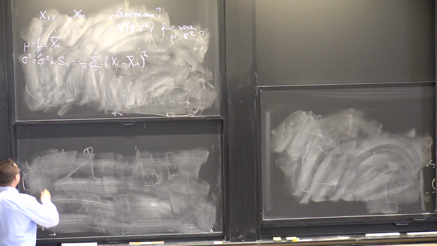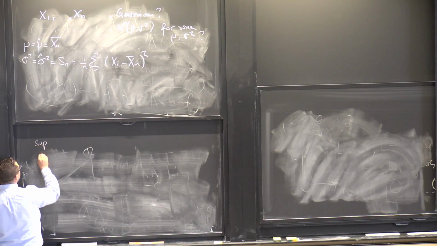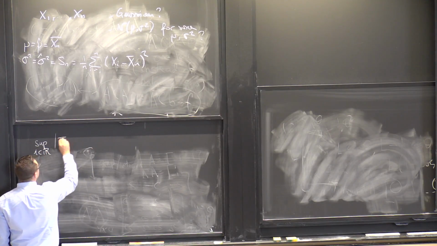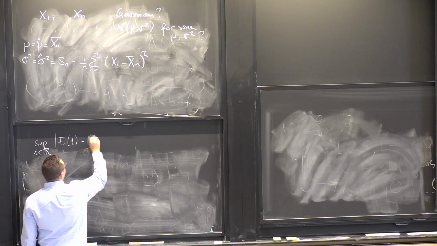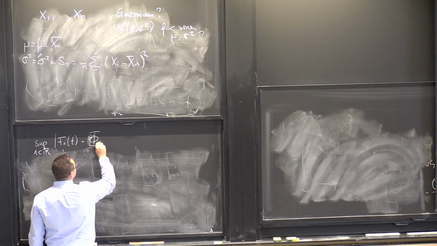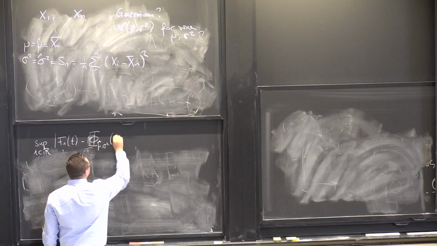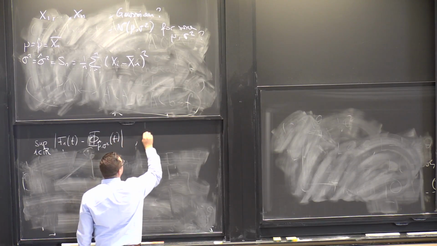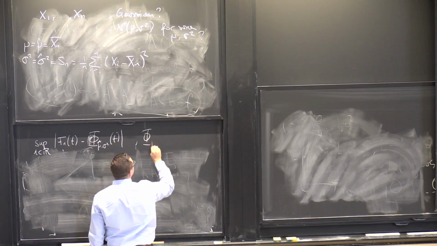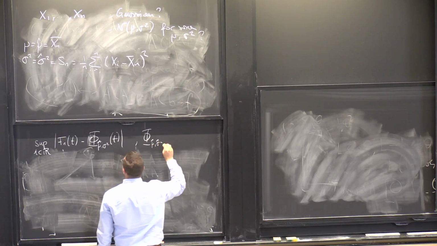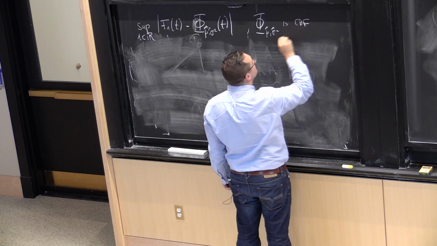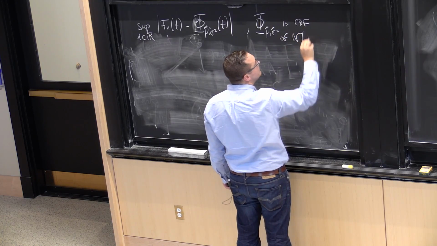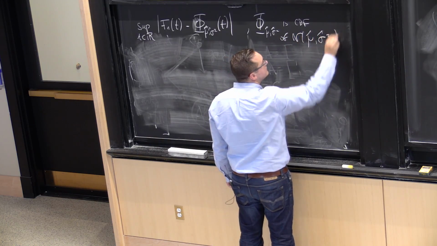So what I'm interested in is this quantity: the supremum over t in R of the difference between Fn of t and what I write as phi mu hat sigma hat squared of t. So phi mu hat sigma hat squared is the CDF of some Gaussian with mean mu hat and variance sigma hat squared.